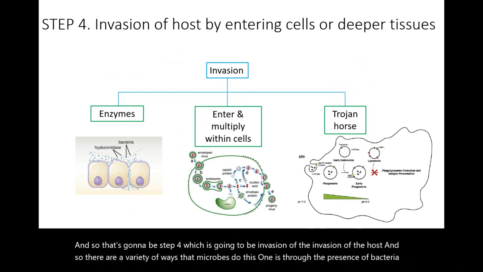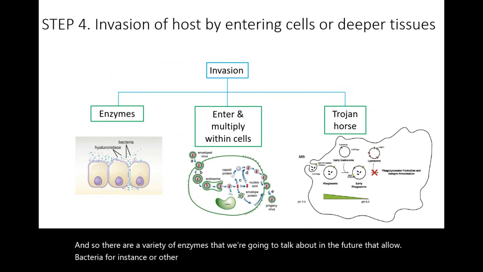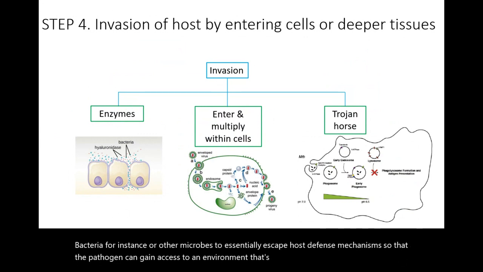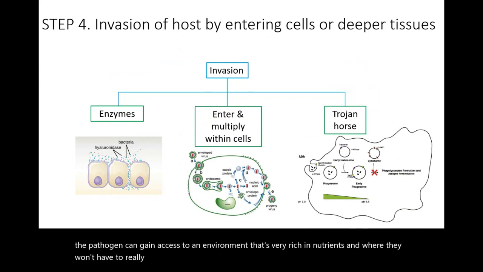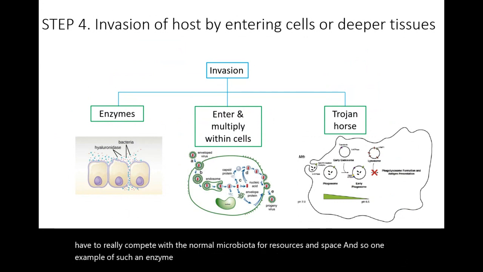There are a variety of enzymes that we're going to talk about in the future that allow bacteria, for instance, or other microbes to essentially escape host defense mechanisms so that the pathogen can gain access to an environment that's very rich in nutrients and where they won't have to really compete with the normal microbiota for resources and space. One example of such an enzyme is hyaluronidase.